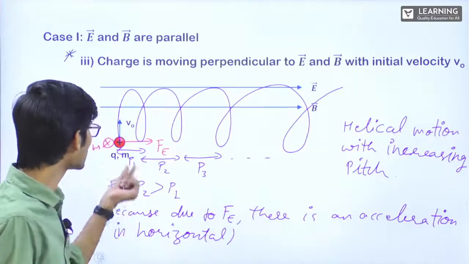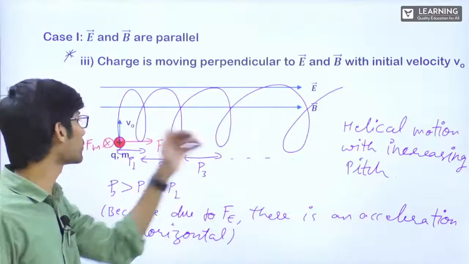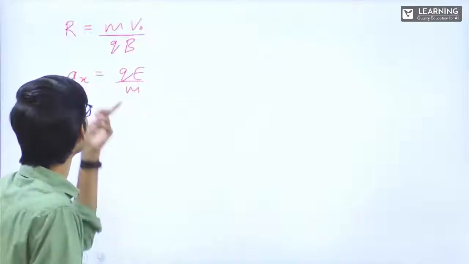Here initial horizontal velocity was 0 because the particle was going like this, but later it got horizontal velocity due to an acceleration in x, that is this.